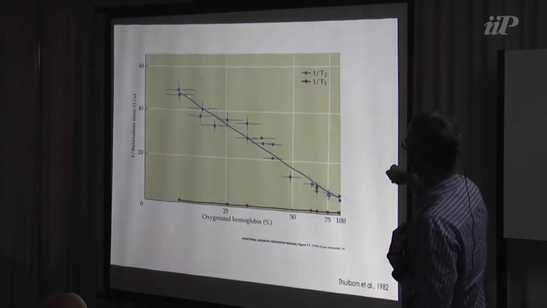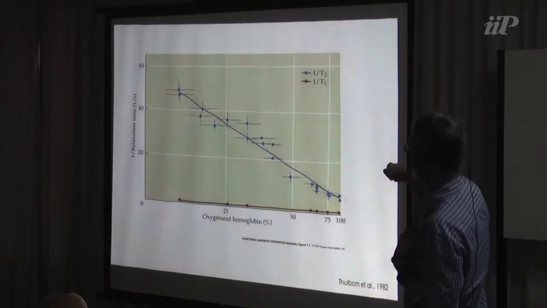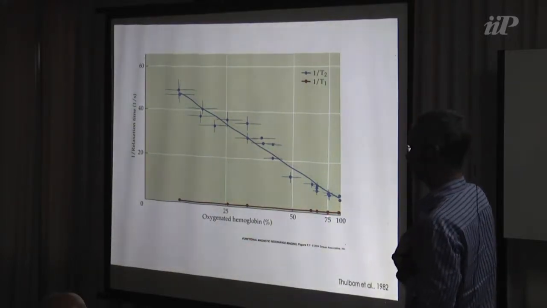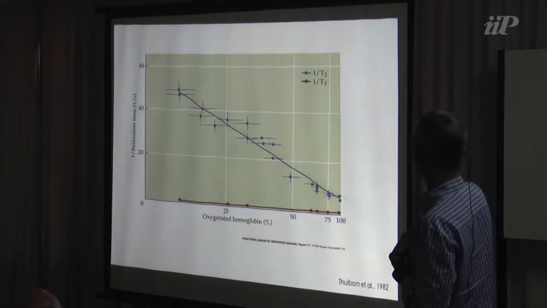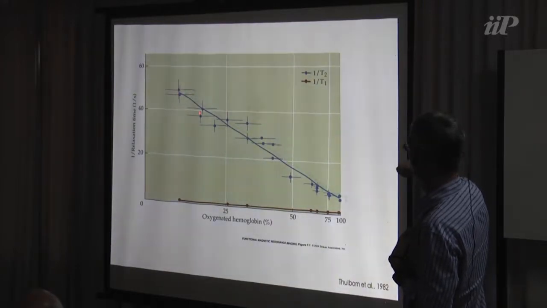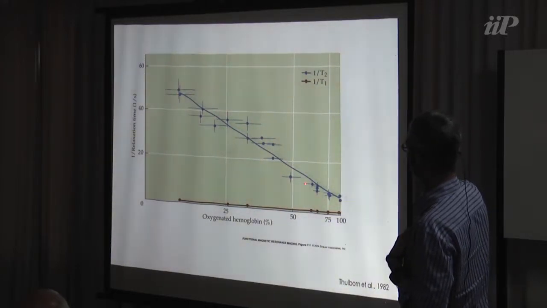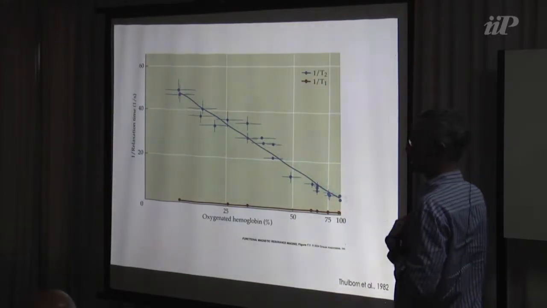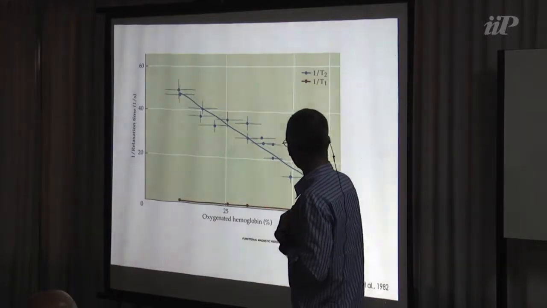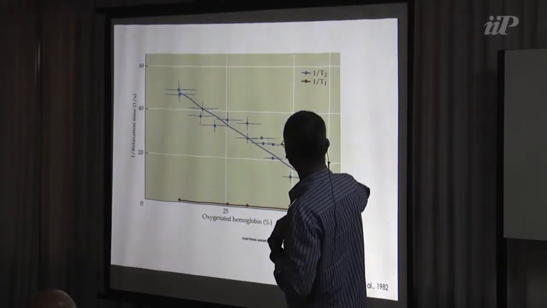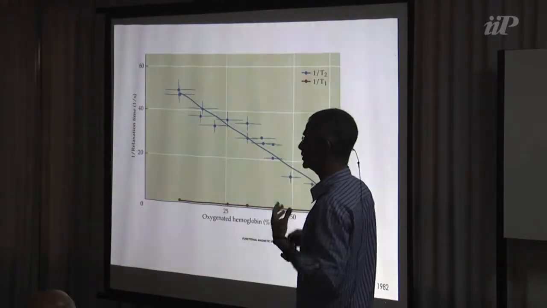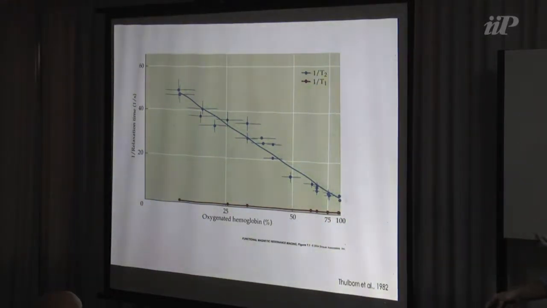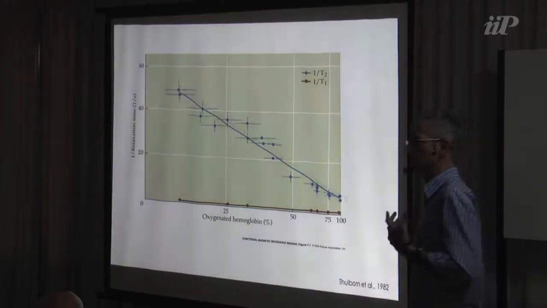What I want you to look at is that the amount of oxyhemoglobin that blood contains is enough to change this magnetic property. So more oxyhemoglobin means this property of the MRI is changed. And this is the property that we detect when we do fMRI.